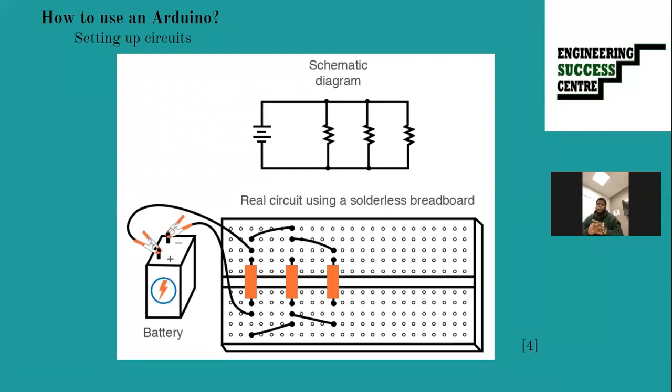The picture here just shows how you would use a breadboard to connect a circuit as shown in the schematic diagram. So these are just 3 resistors in parallel, and how you would connect them to be the exact same thing, but using a breadboard is as shown in the picture below that.